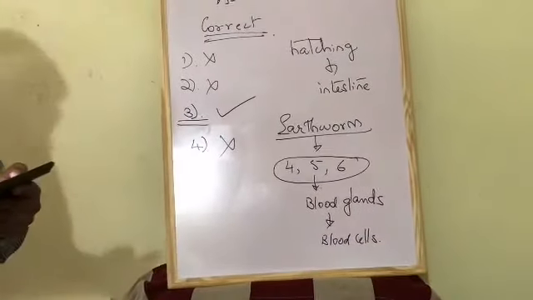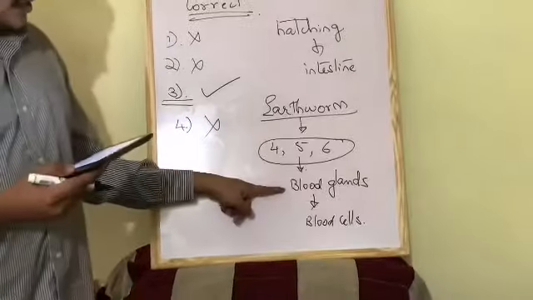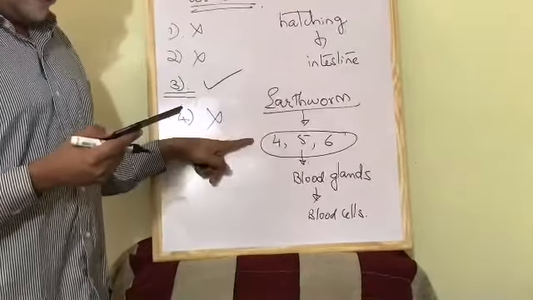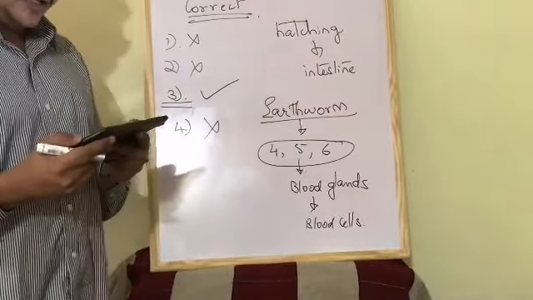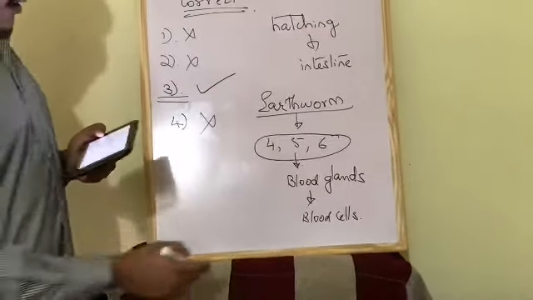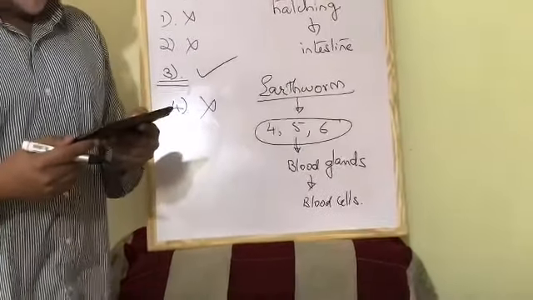So the question says in Pheretima there are red colored round bodies in 4th, 5th and 6th segments above the alimentary canal. They are believed to be involved in, so what do they do? I already told you that one of the options is that they produce blood cells.